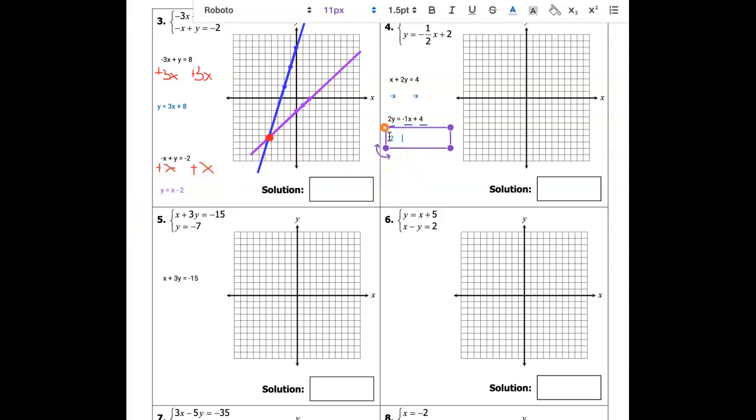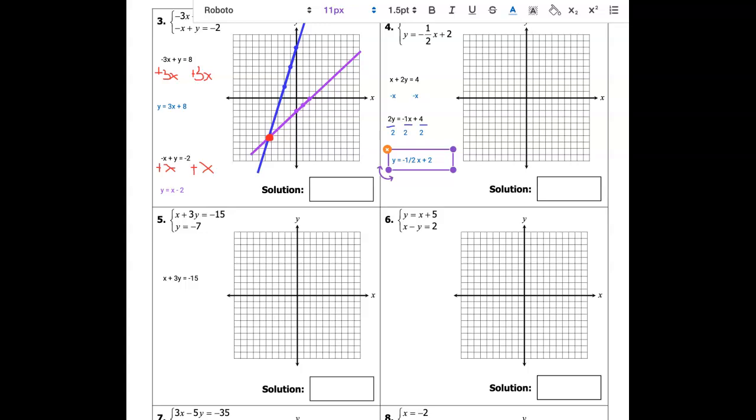I always put the 1 because then I can see that my slope is a fraction. And so now we have our new equation. We have y equals negative 1/2 x plus 2.